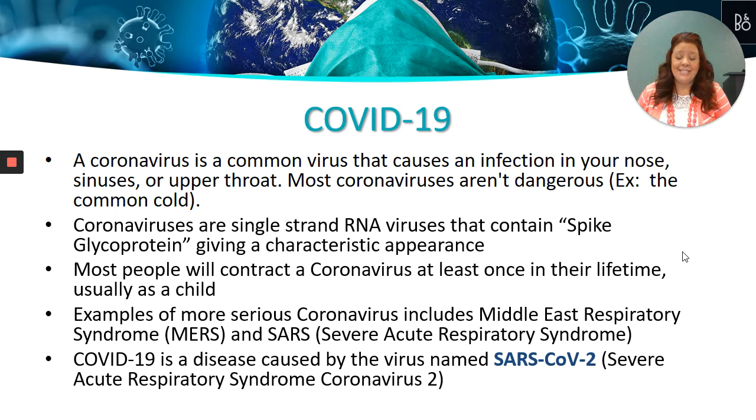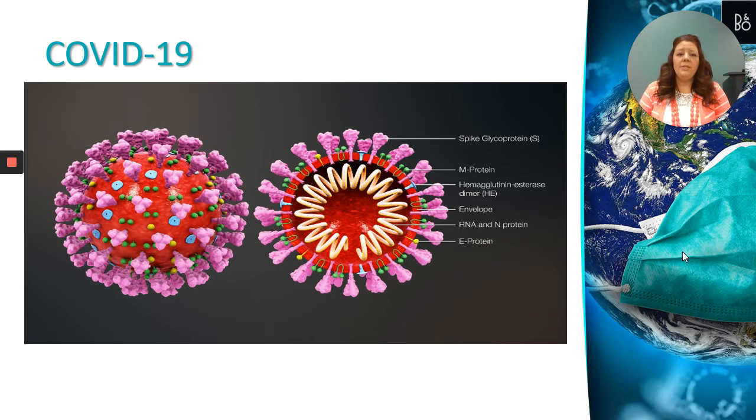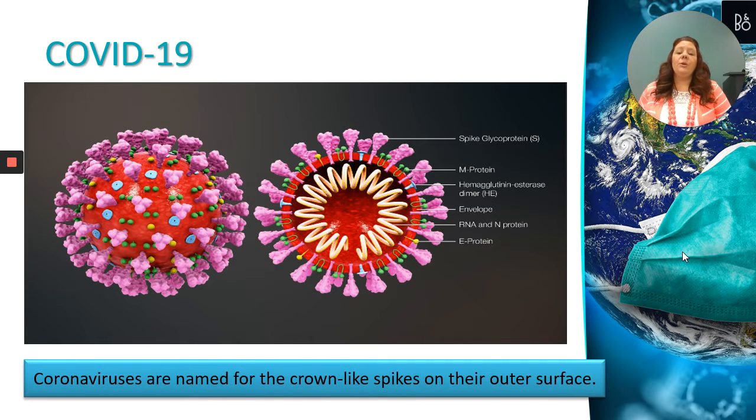Okay, so COVID-19 is the disease caused by SARS-CoV-2. Like I mentioned, the coronaviruses are named as such because of those spike glycoproteins that you see there on the picture, and because they look like a crown almost, so there's that coronavirus piece. And that's on the outer surface of the virus.